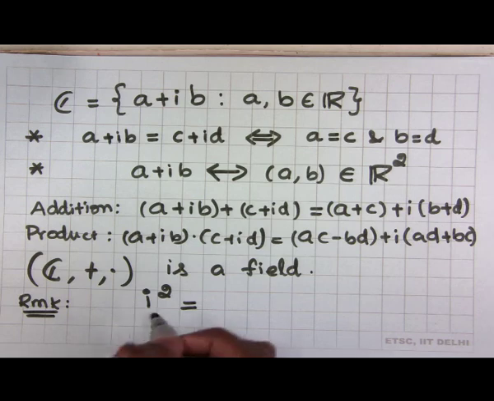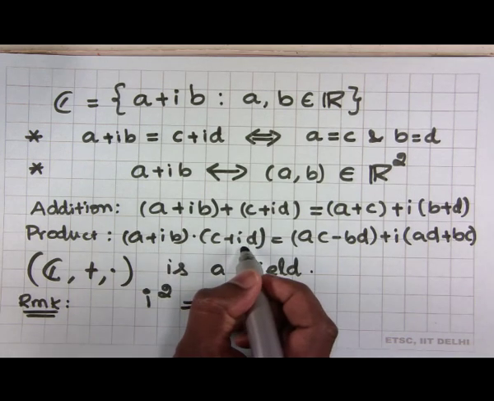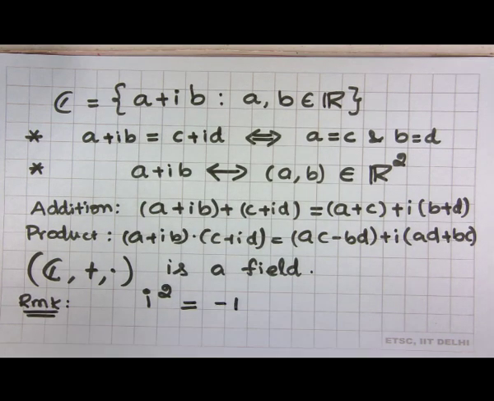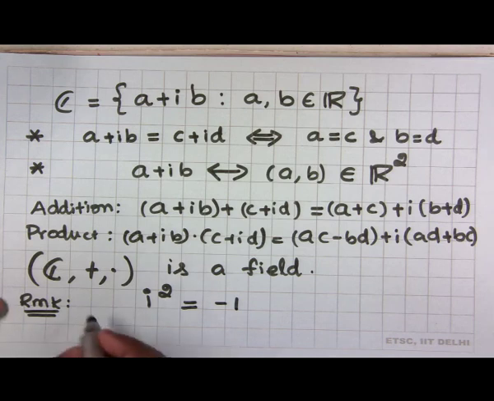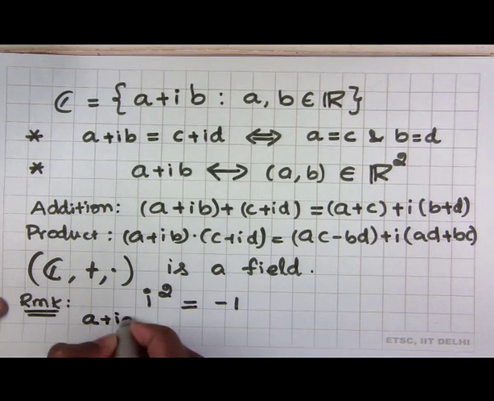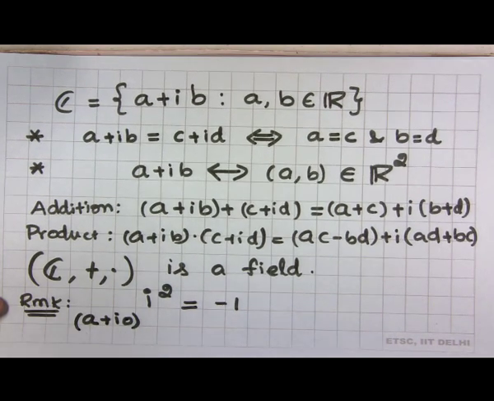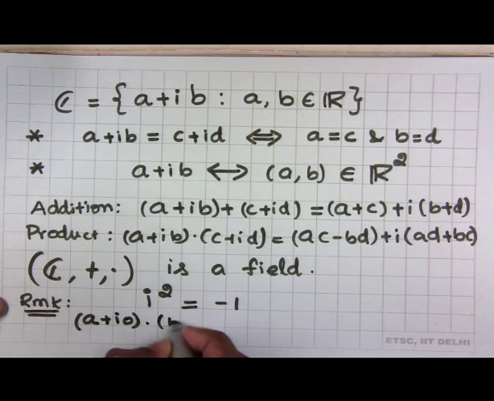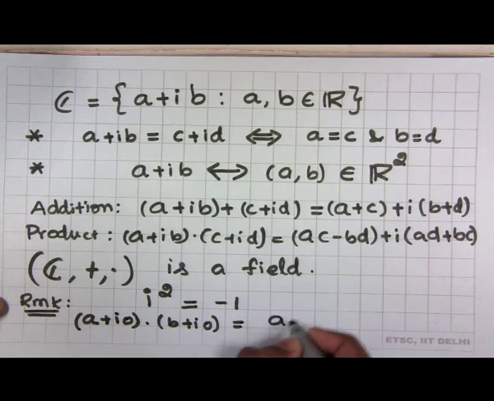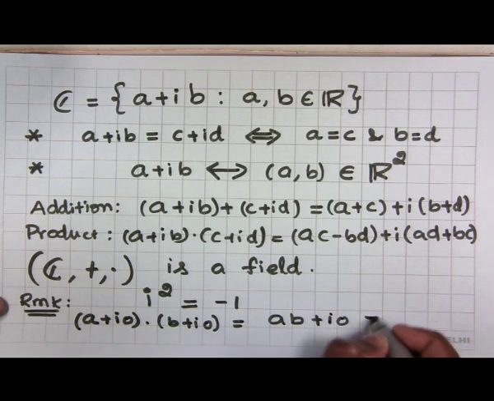So, with respect to this particular product on this complex field, what we observed is i square becomes minus 1. Similarly, one can verify that if you consider just the points on the real line, written as a plus i 0, dotted with b plus i 0, under this multiplication it is ab, a product in the real numbers, plus i 0, which we denote just by ab.